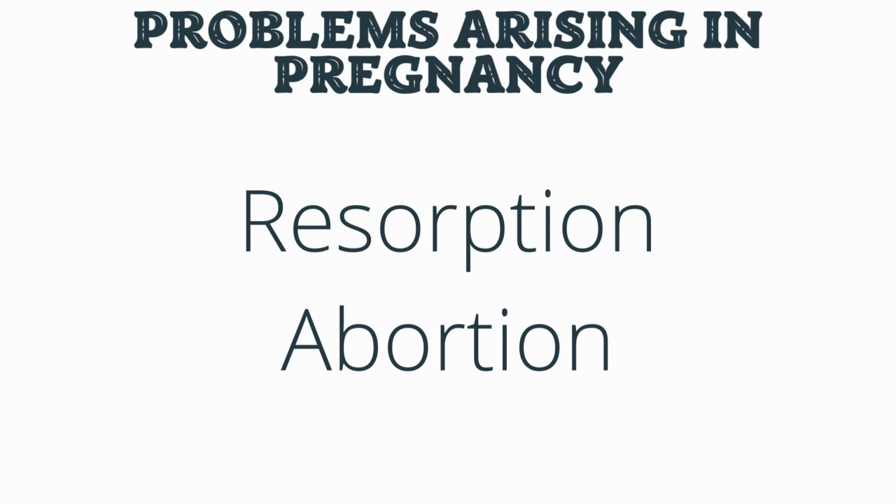Now, we've got various problems that can occur during pregnancy. One of these problems is resorption, right? Resorption occurs if the embryo dies before implantation and is either partially or wholly reabsorbed.